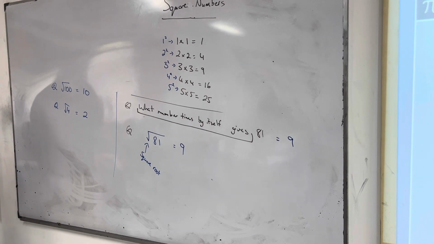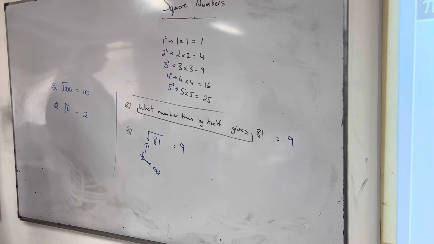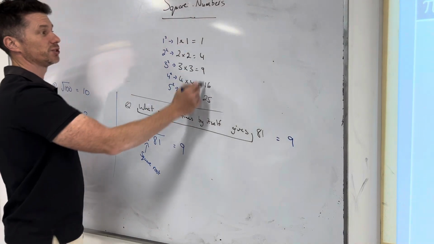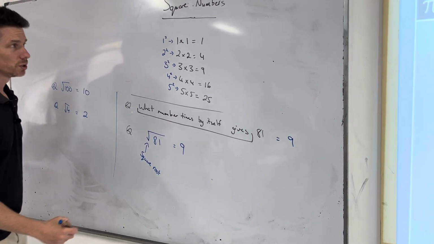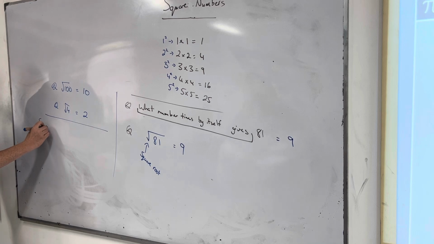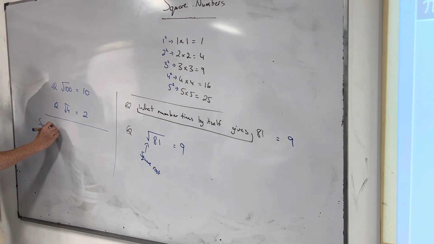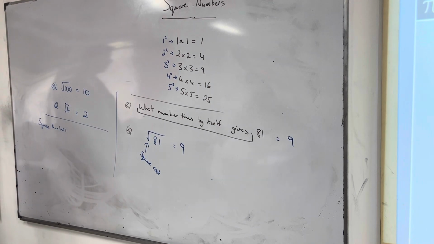Now there's only a certain amount of numbers that you can get the square root of that are even. What are those numbers? These square numbers. So square numbers are the ones that we can get square roots of. They're directly related. So square numbers between 1 and 100. Anyone think they can list all the square numbers between 1 and 100?